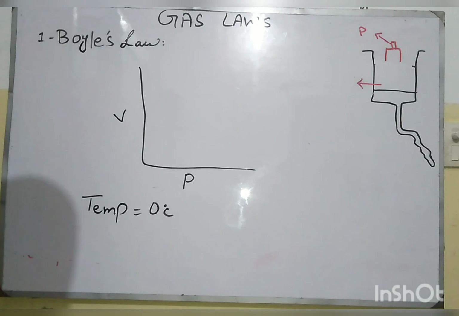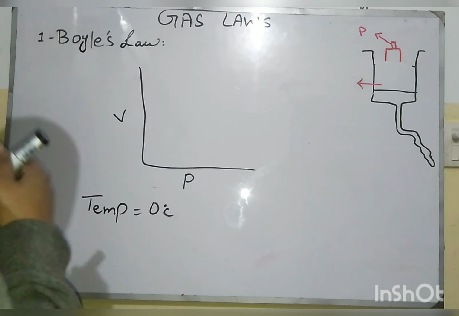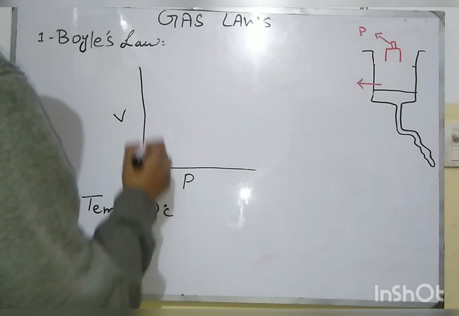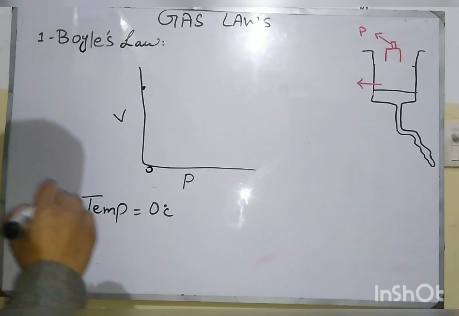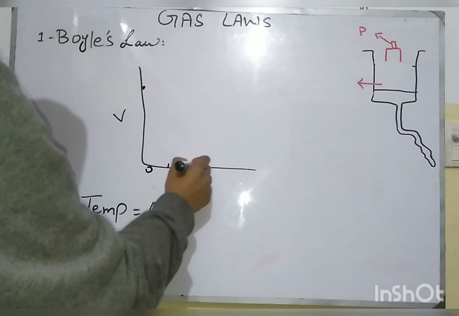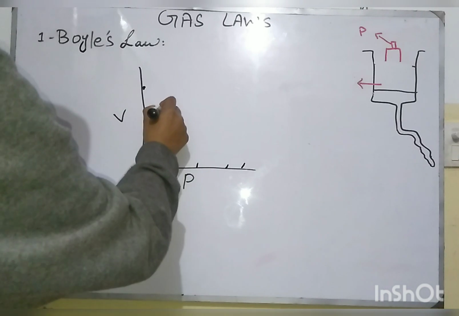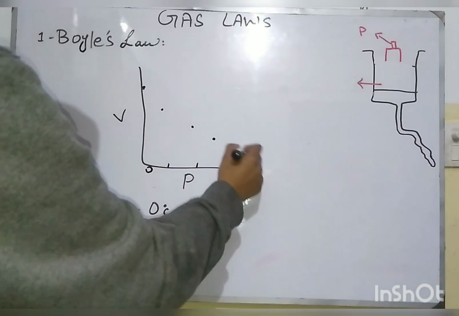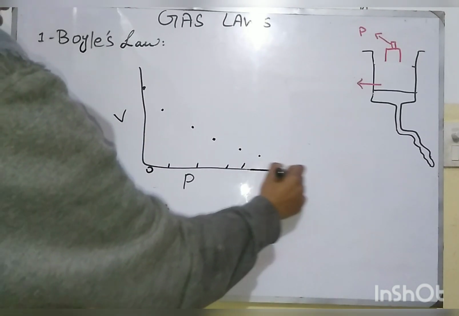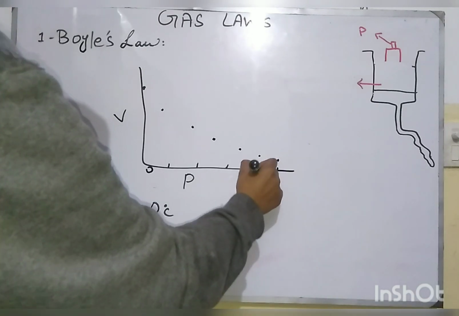So it means that at zero pressure, the volume of a gas will be higher. As we increase pressure, the volume will be reduced, and when the pressure is very high, the volume will be very much decreased.